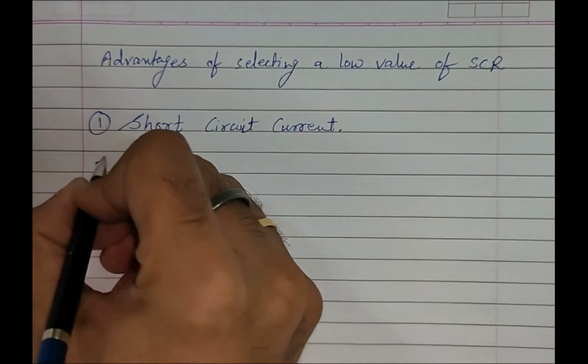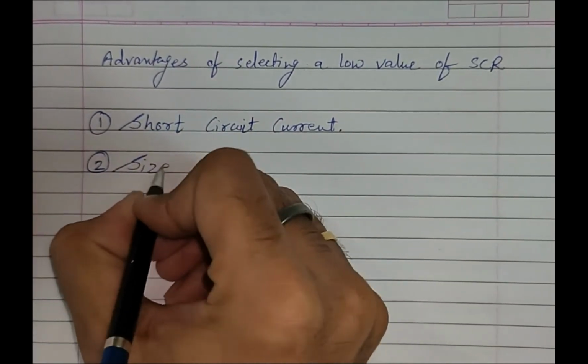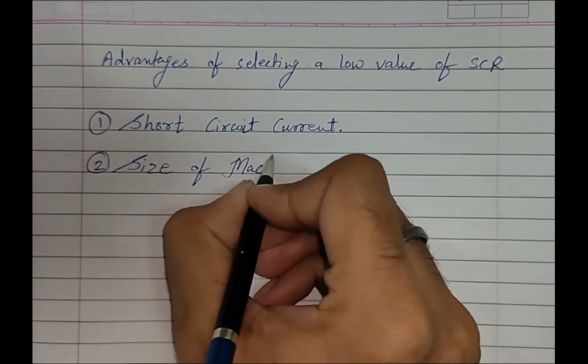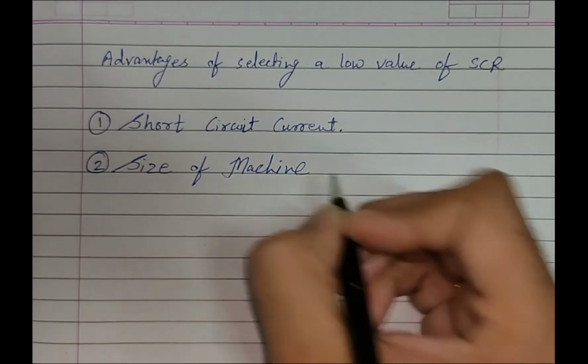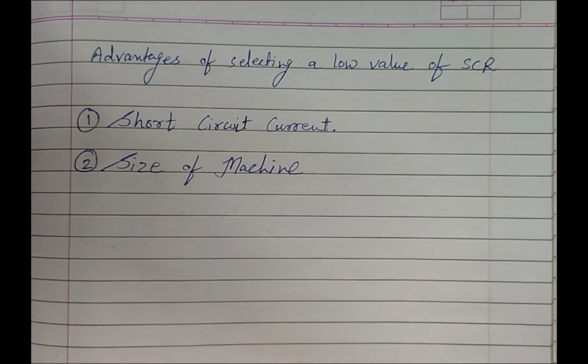The second point of discussion would be the size of the machine. If we select a lower value of SCR, then the size of the machine would reduce as there would be a smaller air gap.